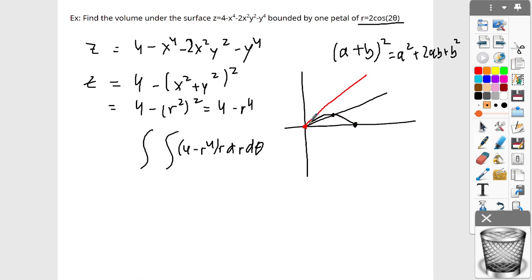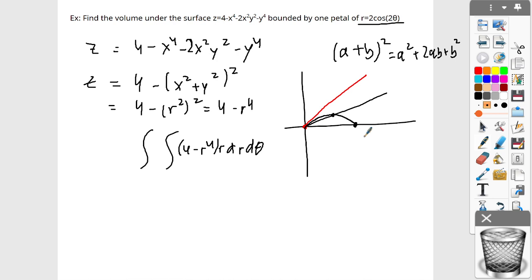But we only want one petal, so how are we going to do that? This is half a petal. We can't just double it, but this right here is already half of a petal. So how do you get the other half? We reverse it. We go the other way round.